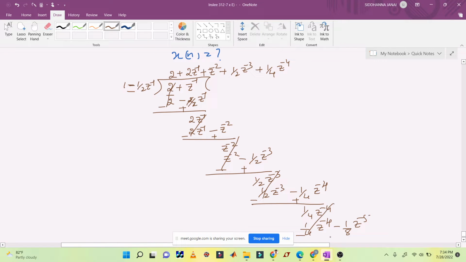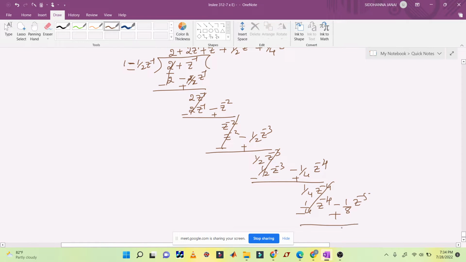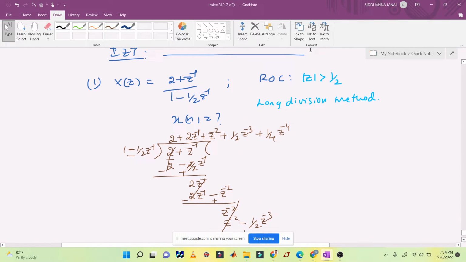So this will cancel out, whereas we get here 1 by 8 z to the power minus 5. So again we will get here 1 by 8 z to the power minus 5 plus 1 by 16 z to the power minus 6, plus it will go on like this.